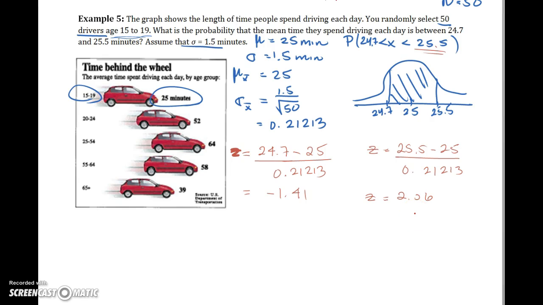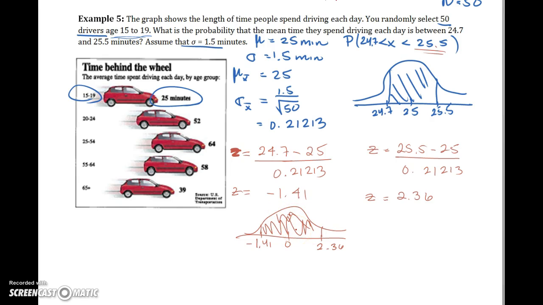Delightful. So in Z language, here's your 0. You want to have negative 1.41 and 2.36, and this is the area that you're looking for.